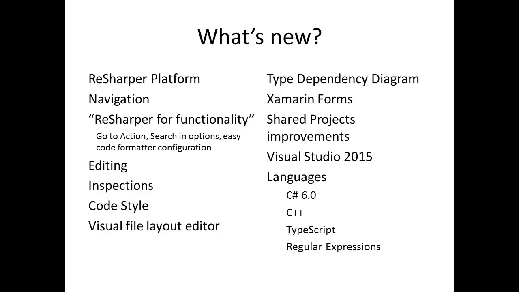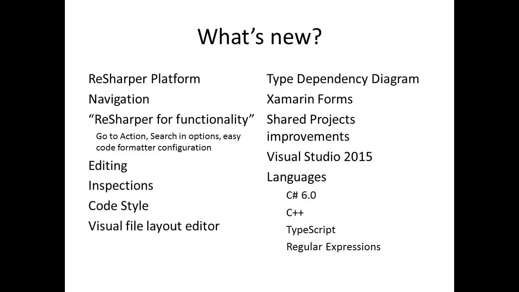We've got changes to inspections, with being able to configure inspections by group, and some new inspections such as the inconsistent locking inspection. There's a visual file layout editor, to make it easy to decide how your code should be laid out. The type dependency diagram is a very useful way of seeing how your code is dependent on each other and what the dependencies are, very visually.